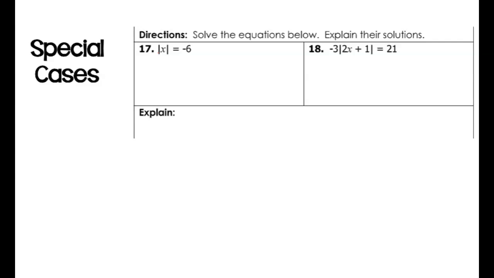It doesn't, because distance isn't negative. And when you see an absolute value equal to a negative number, there is not going to be a solution. Okay, so there's no solution. Or you could write none or no solution, because that's not possible.